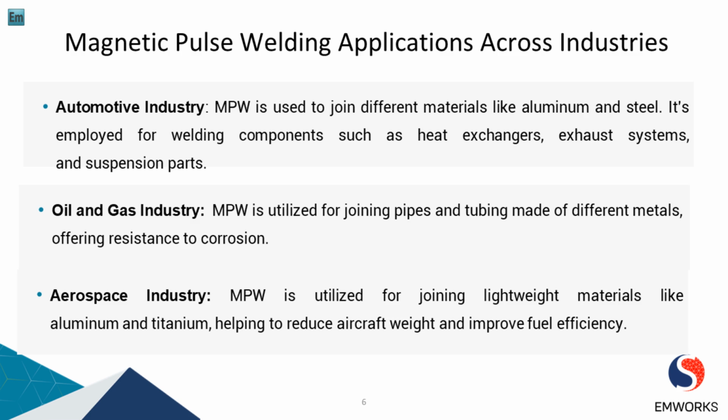The oil and gas industry also leverages this technique for joining pipes and tubes made of different metals, and it also offers resistance to corrosion. Furthermore, the aerospace industry utilizes magnetic pulse welding for joining lightweight materials like aluminum and titanium, which aids in reducing aircraft weight and improving fuel efficiency.